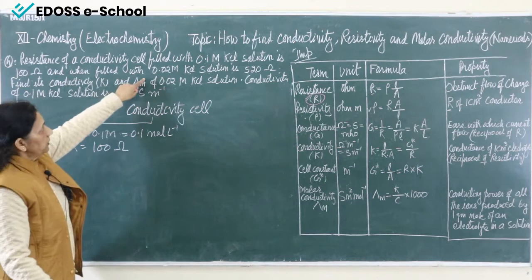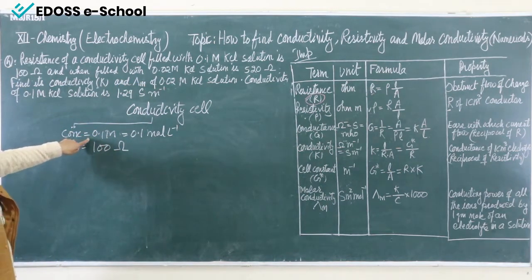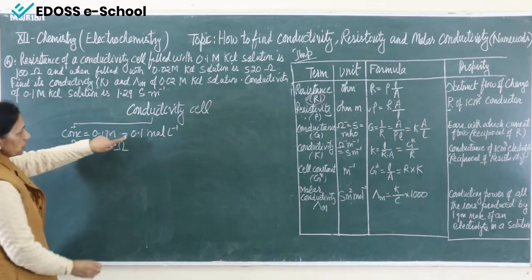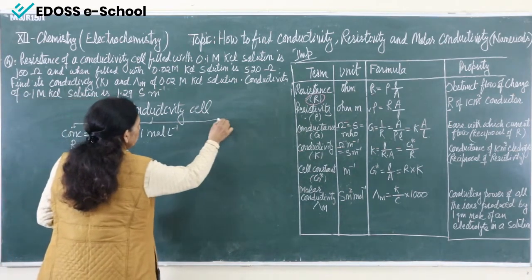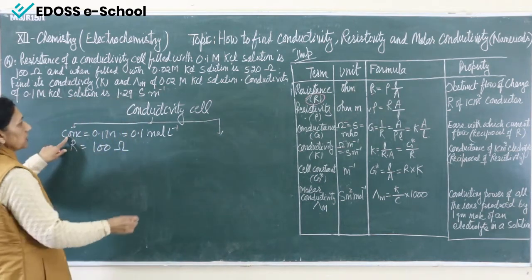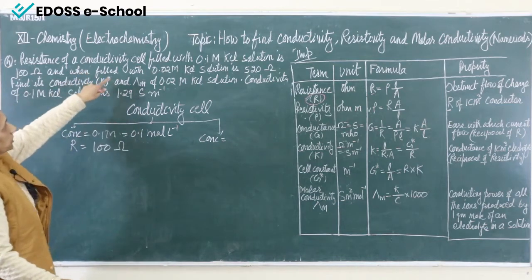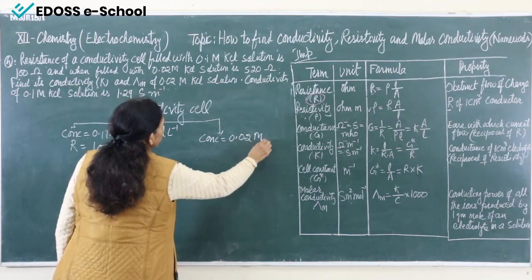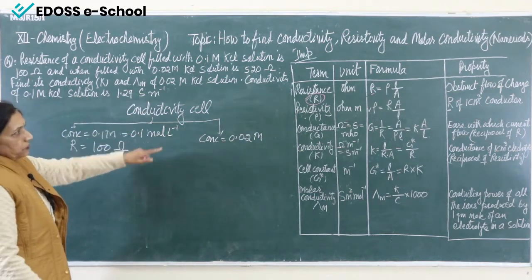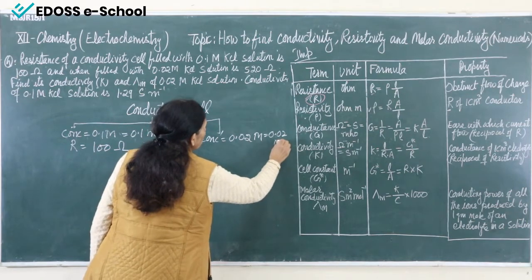And when filled with, in the same conductivity cell, first we are filling KCl solution of this concentration. Now we have changed the concentration. Now the concentration is 0.02 M KCl solution, equal to 0.02 mole per liter.